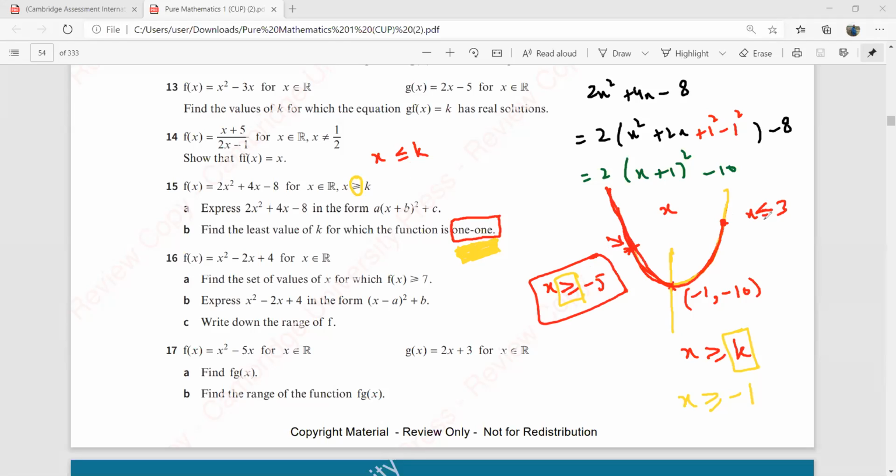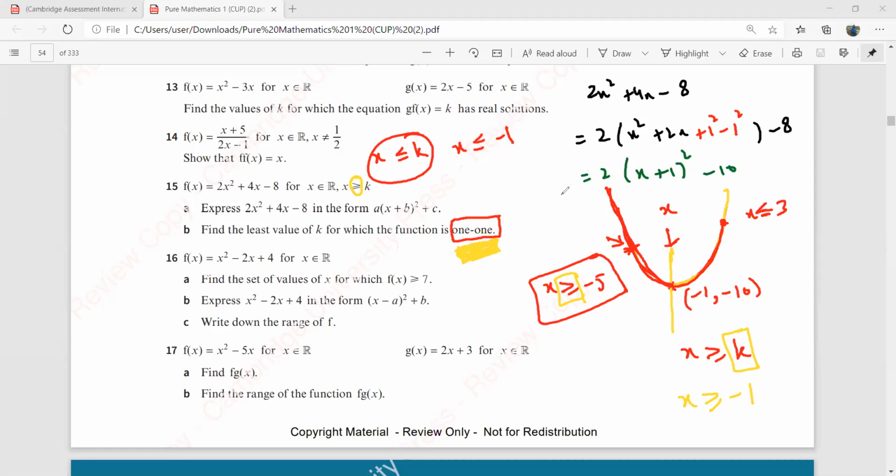So can we have x less than or equal to 3 and still have this function be one-to-one? No. So again, this is the limit. For this condition, x should be less than or equal to -1. And then -1 would be the greatest value of k because we're going backwards.